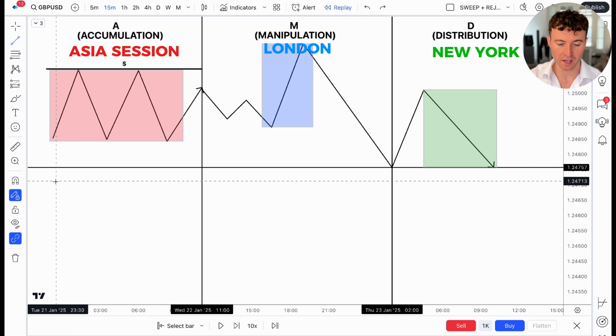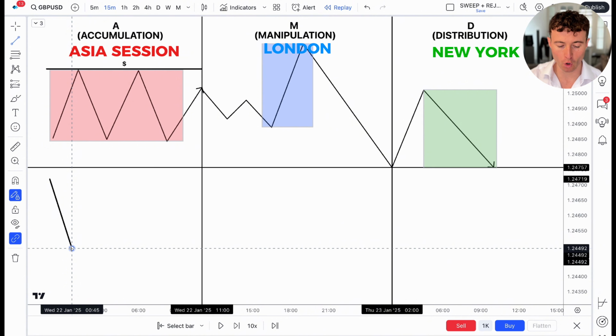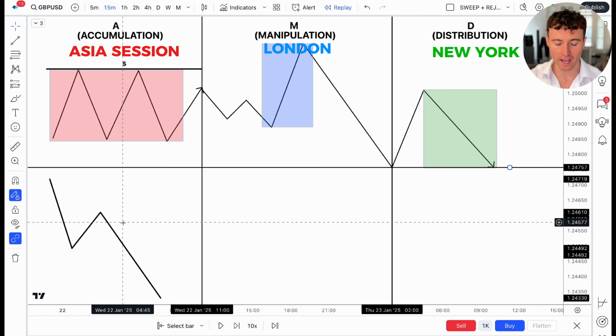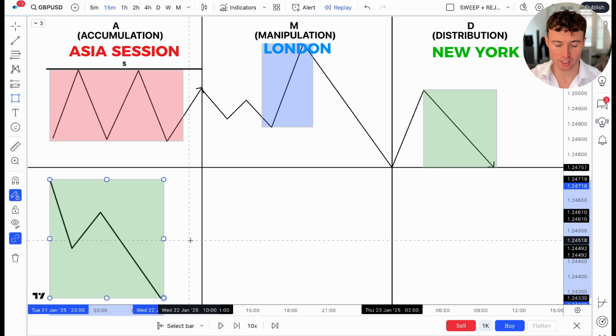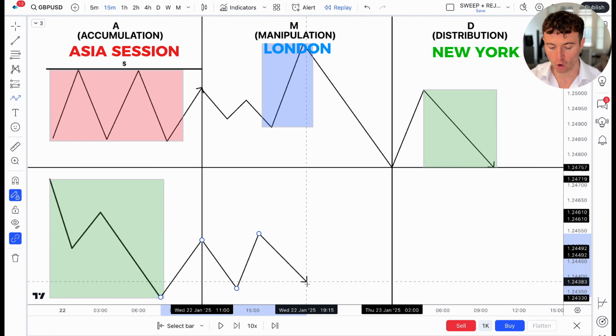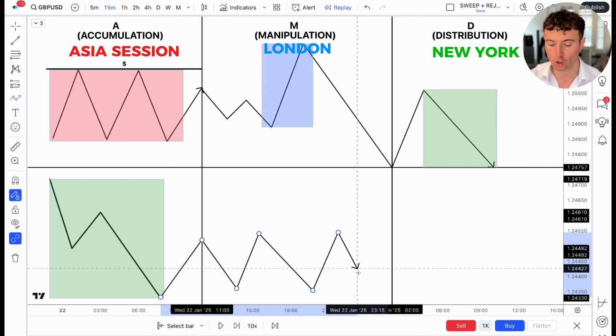But here's the thing, if Asia session impulsively moves to the downside, this is what we call an expansion in price. And because Asia has distributed in price, what we can then expect is the London session to then consolidate and accumulate.